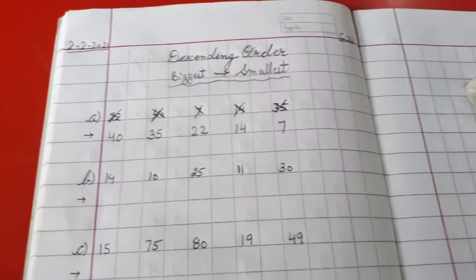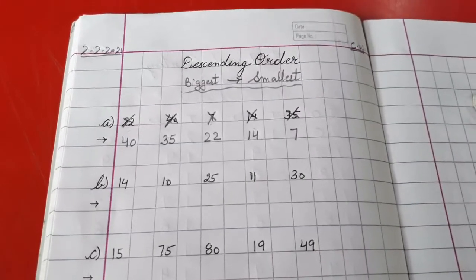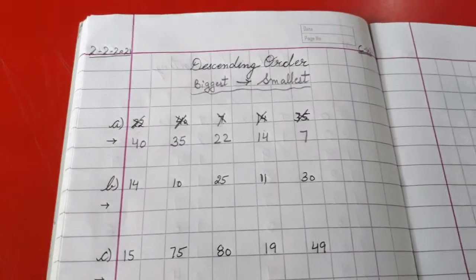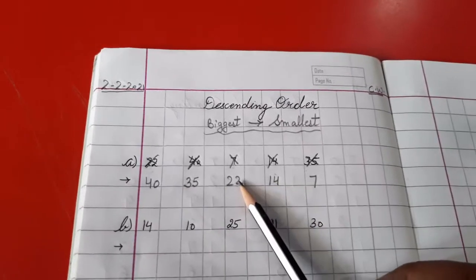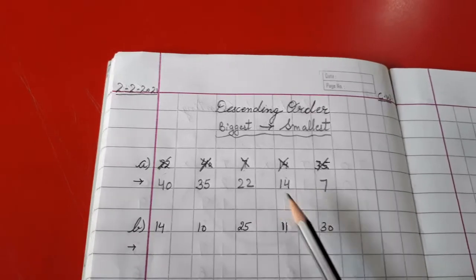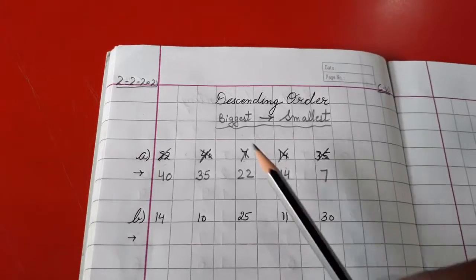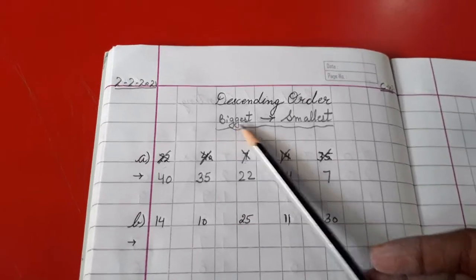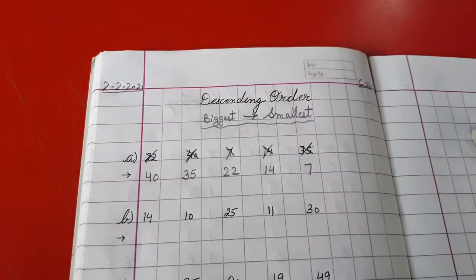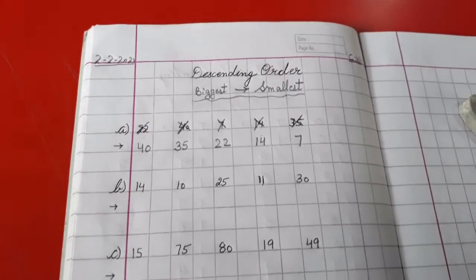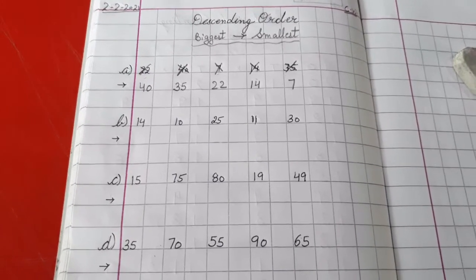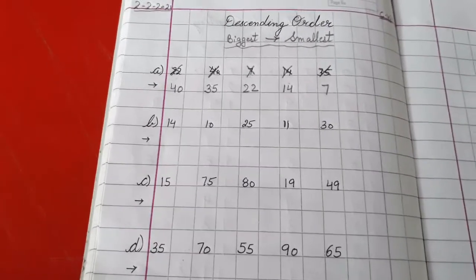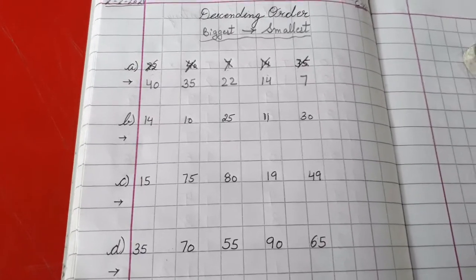Now check that the numbers we have written are from biggest to smallest or not. 40. Then we have 35, 22, 14, 7. That means we have written them correctly from biggest to smallest. Clear all? Okay.